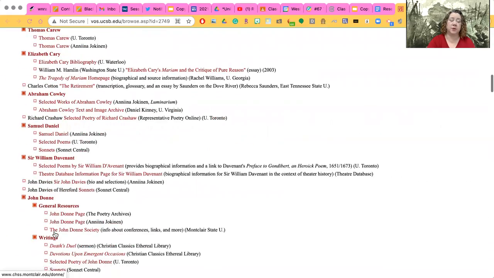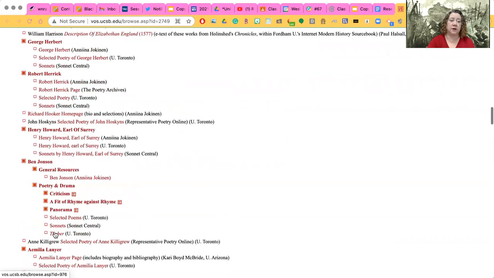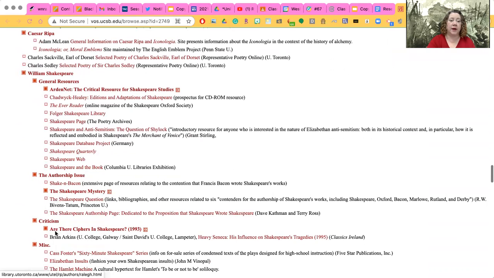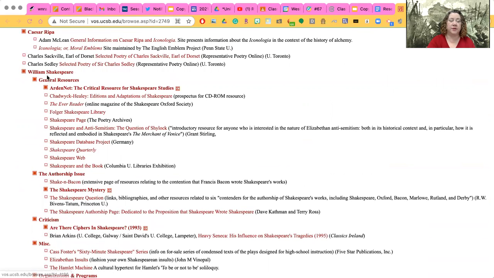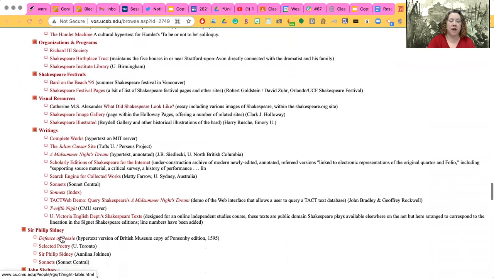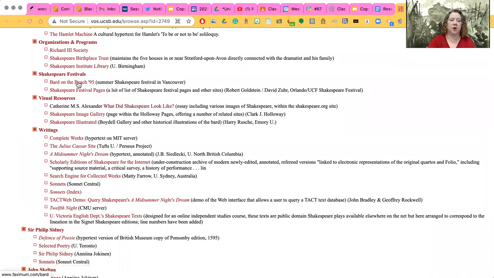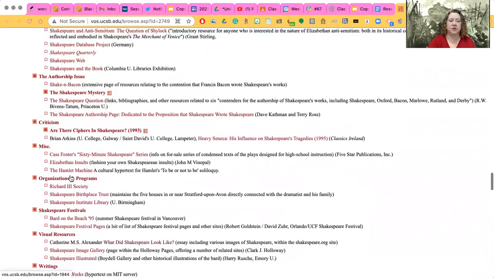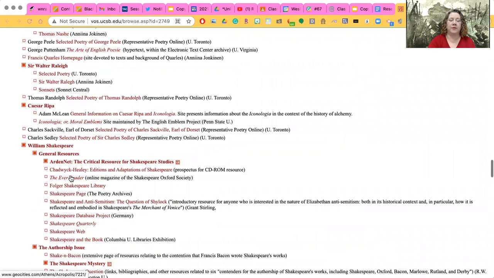So obviously Shakespeare is going to be on this list down here under S. And so this is all about Shakespeare right here. Obviously festivals are not going to work for you, but you could look through some of these sources and see what you might find article-wise.